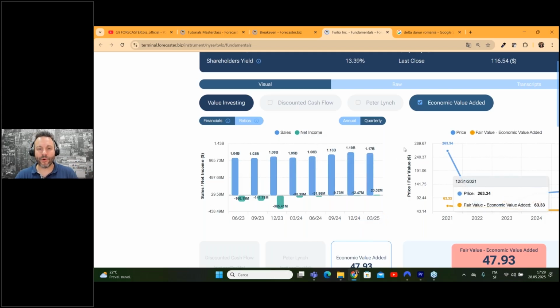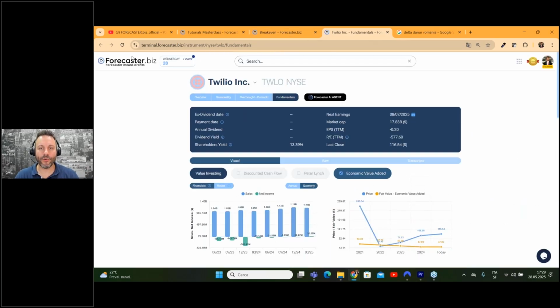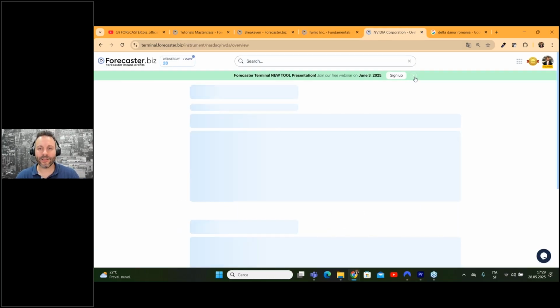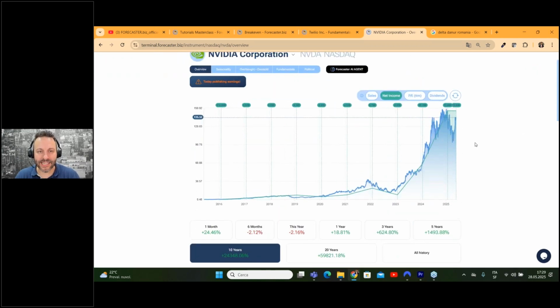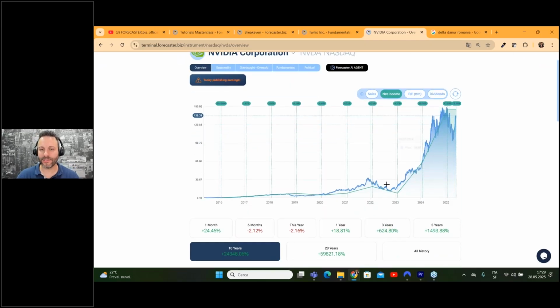As you probably know, especially if you follow my webinar since a while, if you go to any stock on the market and you go, for example, here on the overview page, let's take Nvidia as an example, but it works for every company in the world, as you can see, prices follow the results of the company.